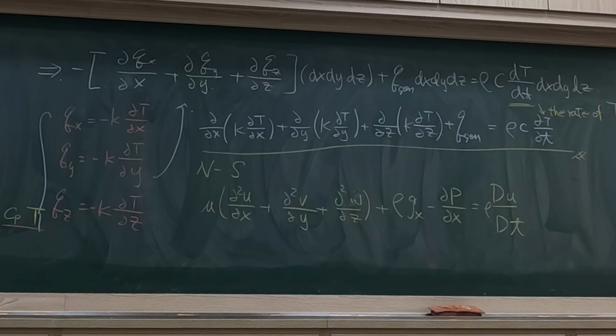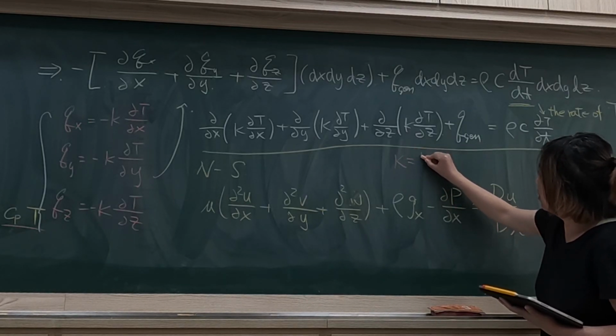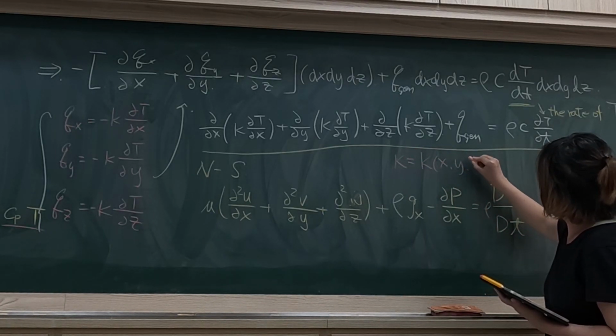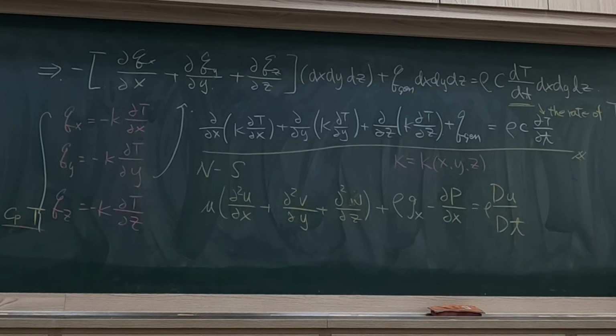And the k we put inside of the equation means k is a function of x, y, z, which means the k value inside of the material is different at different locations, because this is the most complete form. This is the most complete solvable form: three-dimensional, unsteady, with a variable k, and with heat generation. So those are the full equation of conduction.